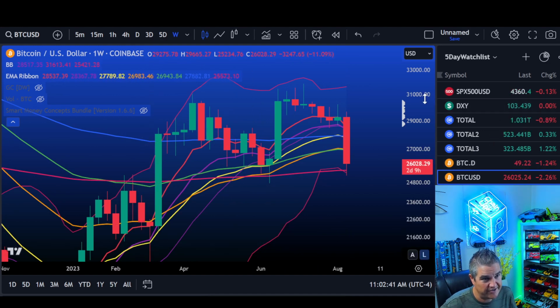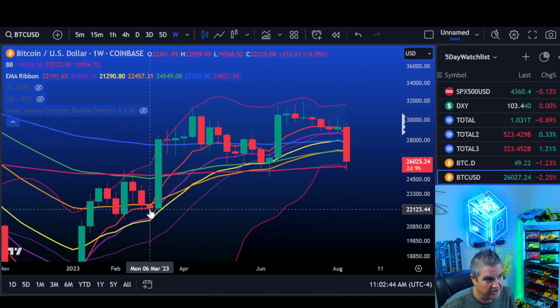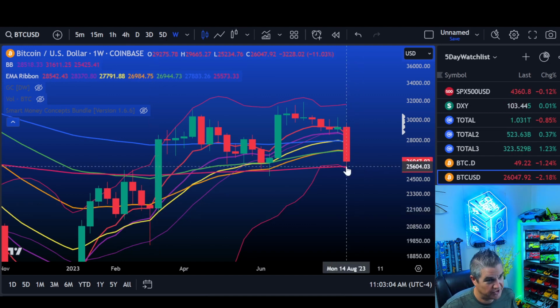All of these candles, even back in March, look at this long lower wick. This is like a dragonfly doji: a thin candle body, long lower tail. That is a massively bullish candle on the weekly for sure. And what came after it? This is what we need to rhyme with. It doesn't have to be exactly like this, but we cannot be closing under the 200 week for sure.